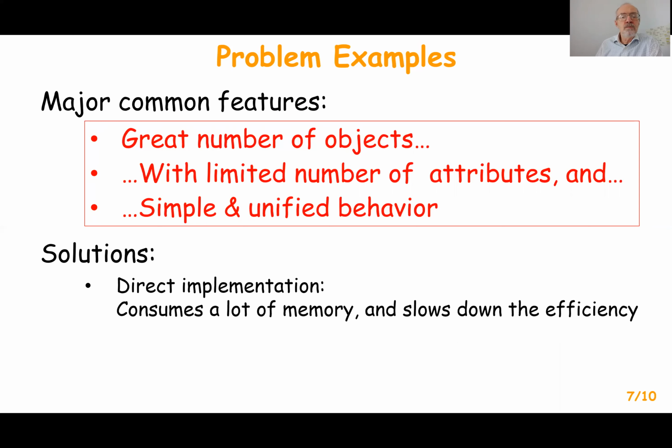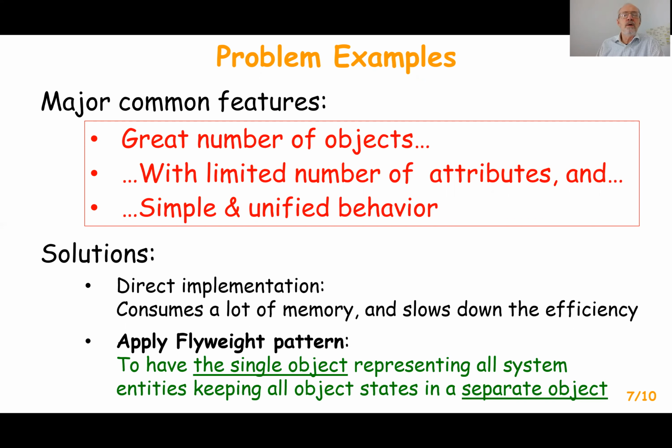Of course, it consumes a lot of memory. There are a lot of small instances in memory, and in order to control all of them, it takes a lot of time, both memory and processor time. So it slows down the efficiency. And as you might guess, another solution is to apply the flyweight pattern, to have a single object.